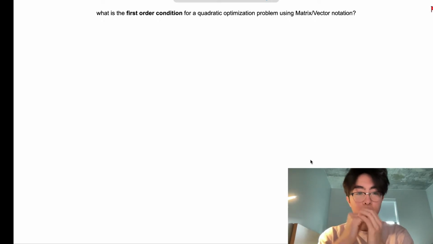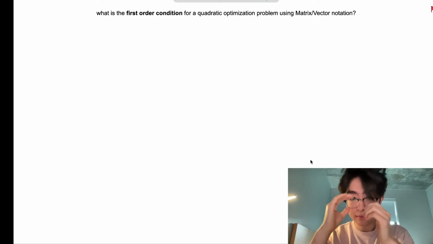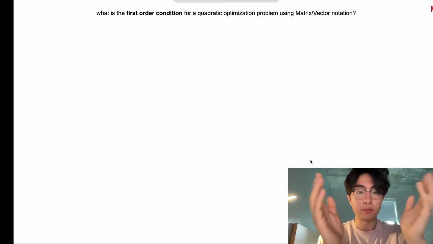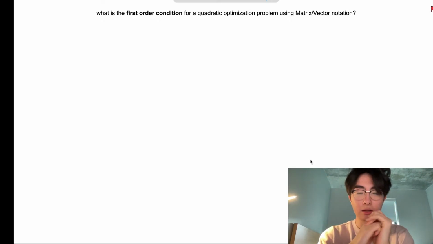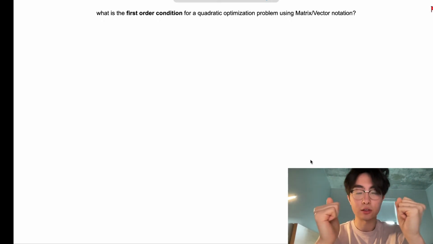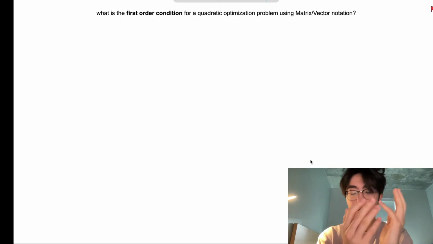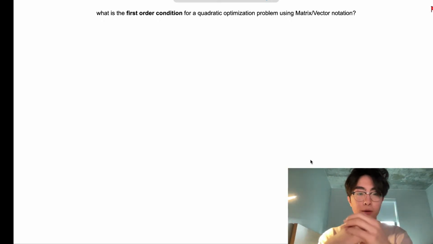So, okay, the quadratic optimization problem is, I believe, just the idea of having some type of optimization problem that takes or resembles the sum of squared errors. And so usually what we're doing here is we're taking, let's say, a sample and we're subtracting by our prediction, and then we just square that number.